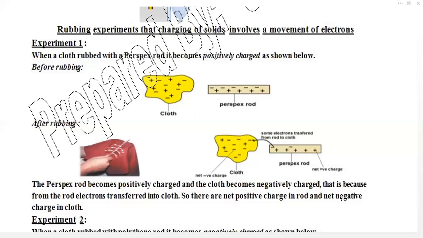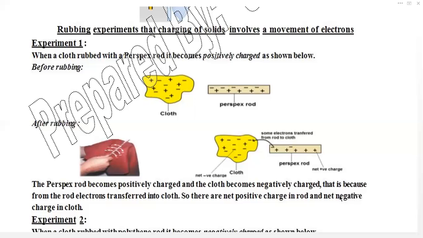So when you rub the perspex rod with the cloth, kinetic energy from the perspex rod will boost the electrons. So the kinetic energy of the atoms in the outermost orbit of the perspex rod will be very high. When we provide kinetic energy to electrons, they will jump out.